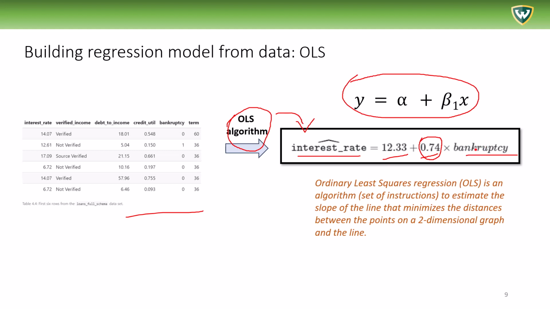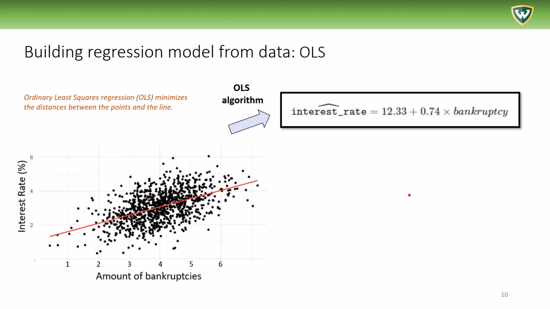Now in this model, we're seeing how bankruptcy can be a predictor of interest rate. So the more bankruptcy, maybe the more interest rate. And that's what it looks like here, because this is positive. So it's a positive relationship. Let's look at it a different way. After we build the model, we run the algorithm, we build the regression model.